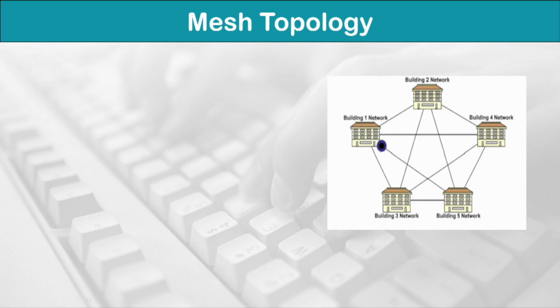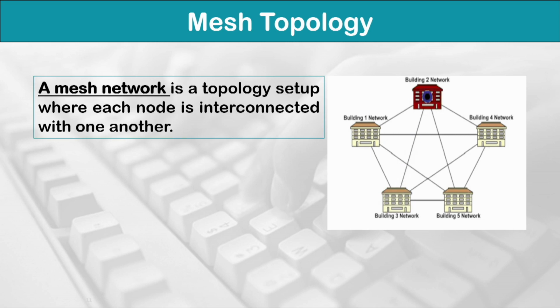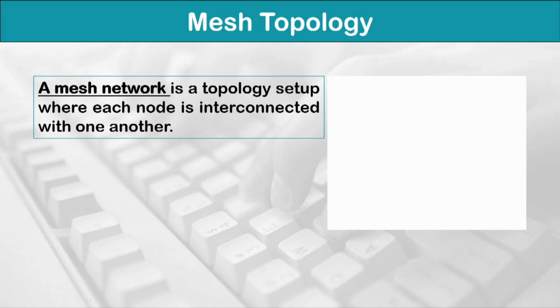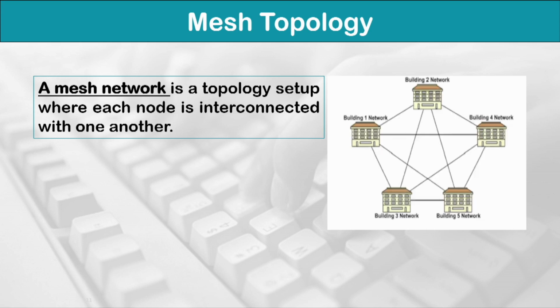The fourth topology is the mesh topology. A mesh network is a topology setup where each node is interconnected with one another. This means that a computer must be able to connect to all computers in the network. For example, building network 2 is connected to building network 4, 5, 3, and 1.